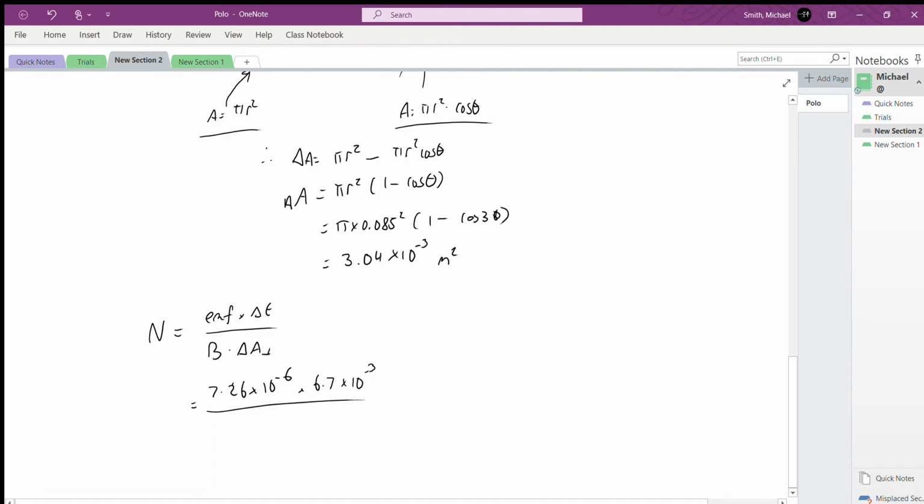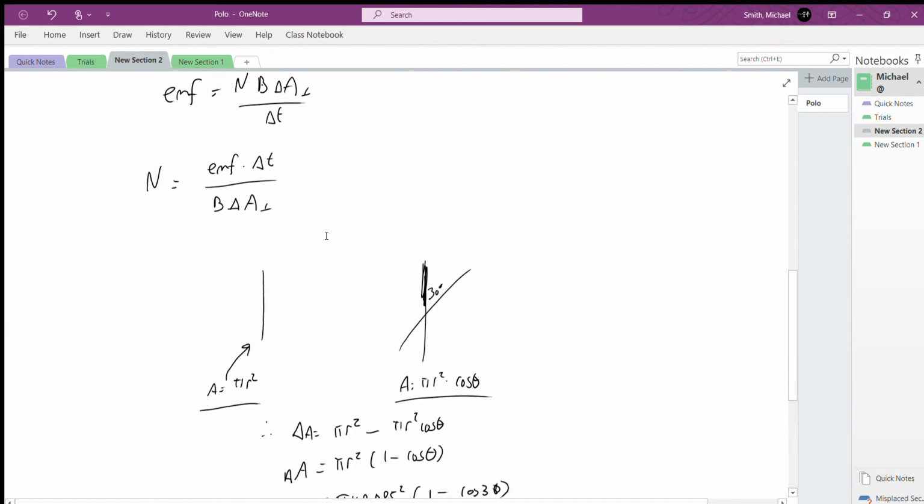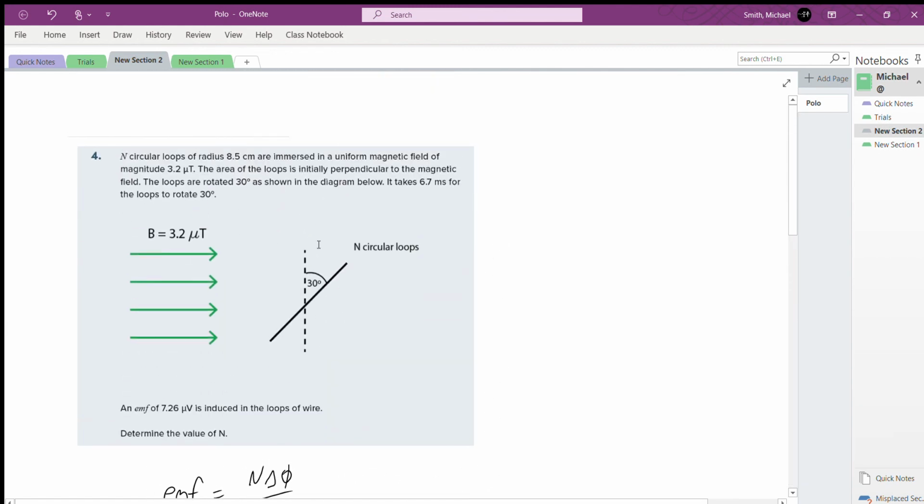Magnetic field strength was 3.2 microtesla. And the change in area we've just worked out to be 3.04 times 10 to the minus 3 meters squared, which, if we substitute into our calculator, gives us 5. And there we have it, the number of loops in the wire given all this information.